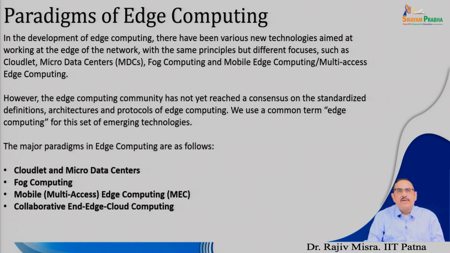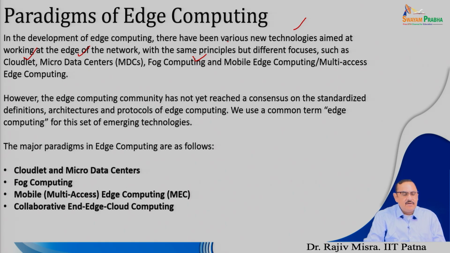So, let us see the paradigms of edge computing. In the development of edge computing, there have been various new technologies aimed at working at the edge of the network with the same principles, but different focuses, such as cloudlet, micro data center, fog computing, and mobile edge computing or multi-access edge computing.